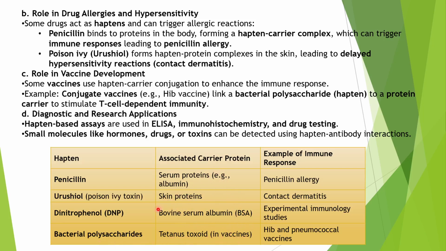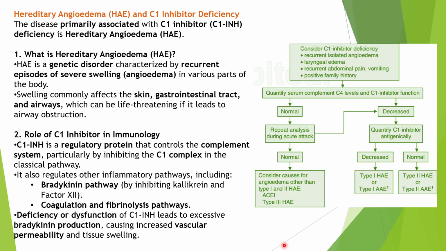All these are carrier proteins for different haptens. So penicillin allergy and contact dermatitis are because of these two. And then DNP and BSA can be used in experimental immunological studies, and bacterial polysaccharides and tetanus toxoids used for vaccines are the Hib and pneumococcal vaccines.